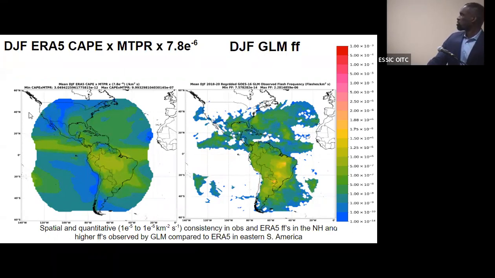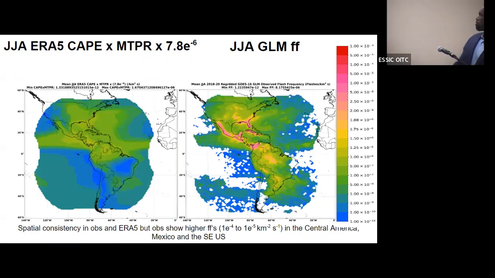And what you can see is that spatially, there actually is a good bit of agreement, and also even quantitatively for this time of year. Also a good bit of agreement spatially for JJA.